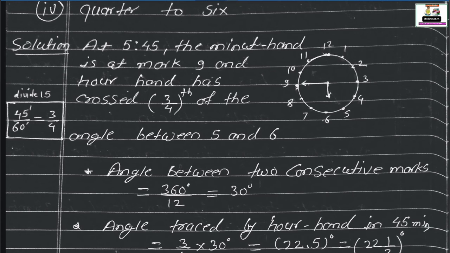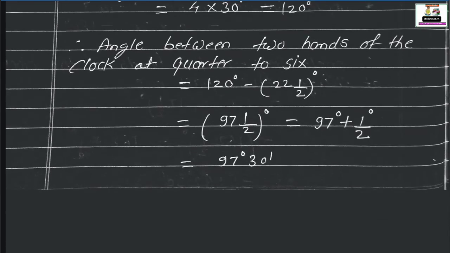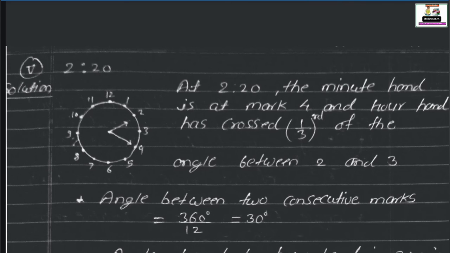And now find again the angle crossed by the hour hand in 45 minutes, which is 22.5 degrees. Now 120 degrees minus this angle, then we get 97 degrees 30 minutes.